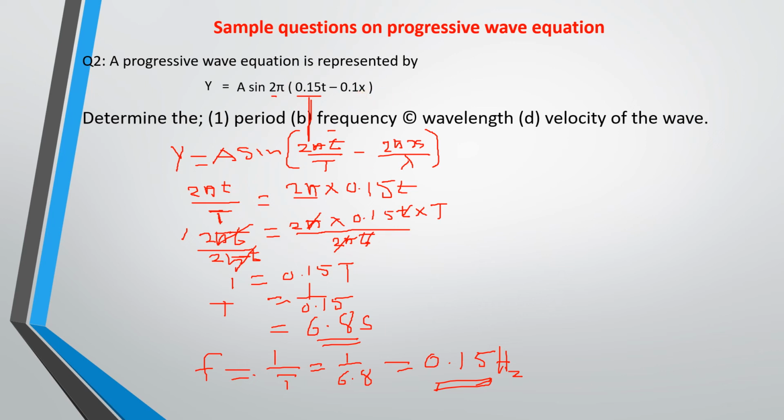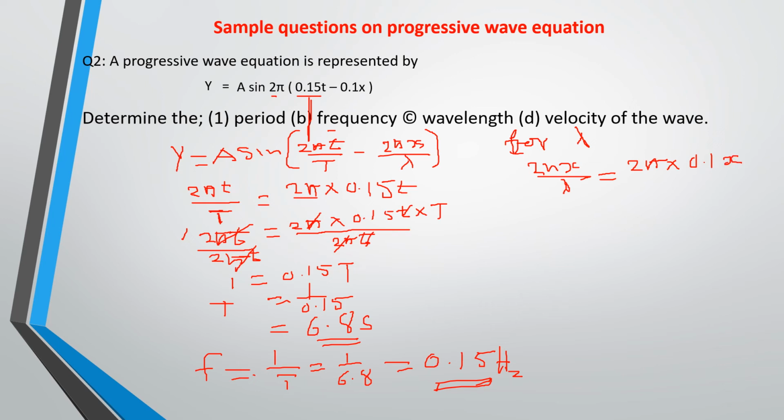Okay, so for you to find wavelength, you compare, so that you have 2 pi x all over lambda is equals to 2 pi multiplied by 0.1 x.